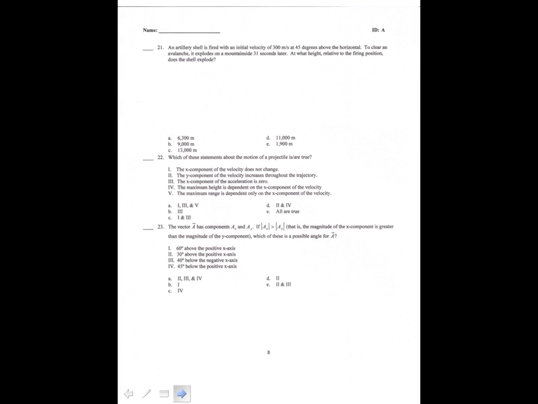Okay, an artillery shell is fired with an initial velocity of 300 meters per second. It hits the side of a mountain like this 31 seconds later.